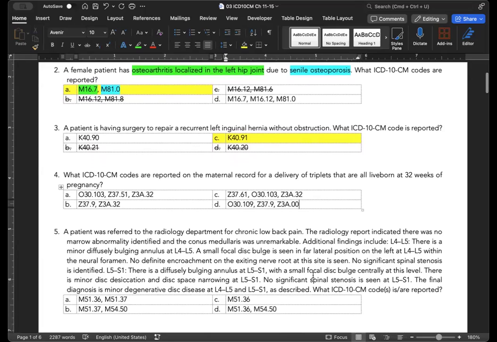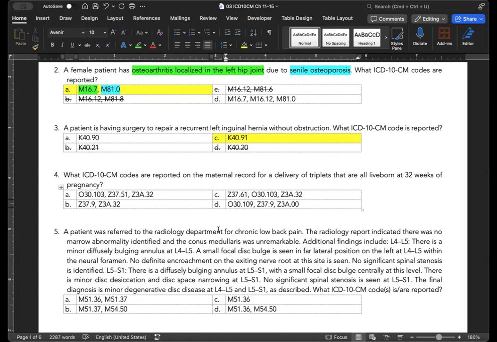Perfect. Number 4, what ICD-10-CM codes are going to be reported on the maternal record for a delivery of triplets that are all live born at 32 weeks pregnancy? So we can rule out two very quickly because we know if we have a pregnancy chart, then we should always have a chapter 15 code listed first, right?